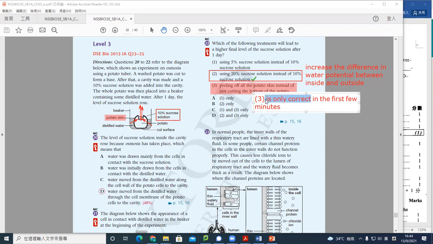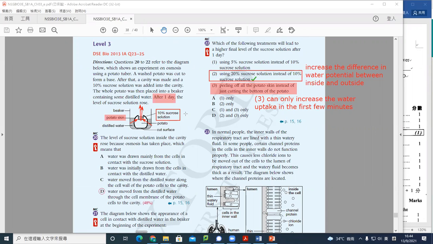Statement 3 can only increase water uptake in the first 3 minutes. But remember, this experiment is carried out for 24 hours, 1 day.